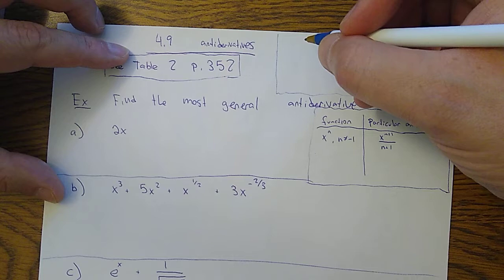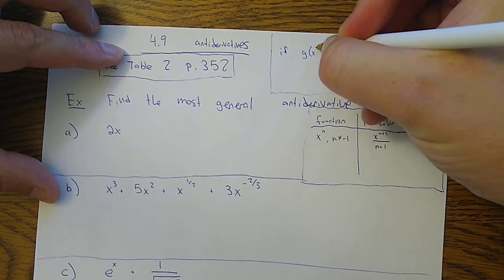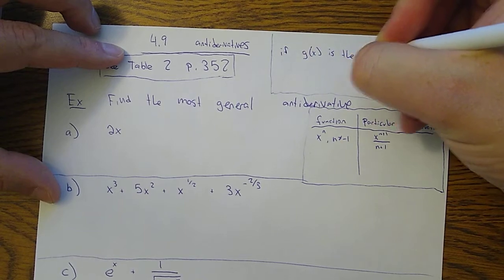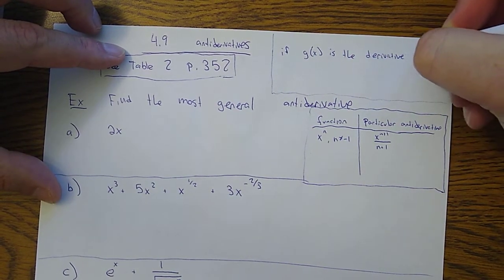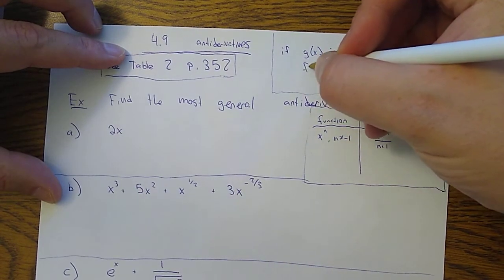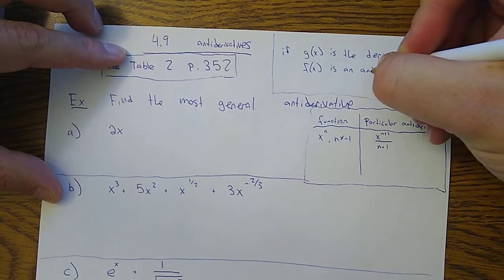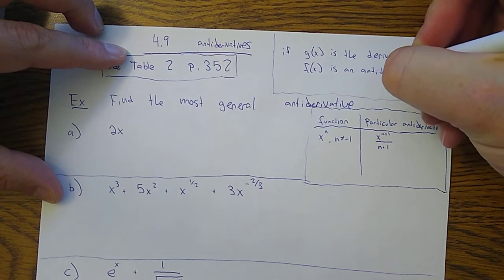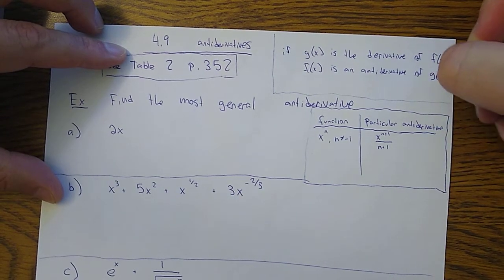Just to make it clear, if g of x is the derivative of f of x, then f of x is an antiderivative of g of x.